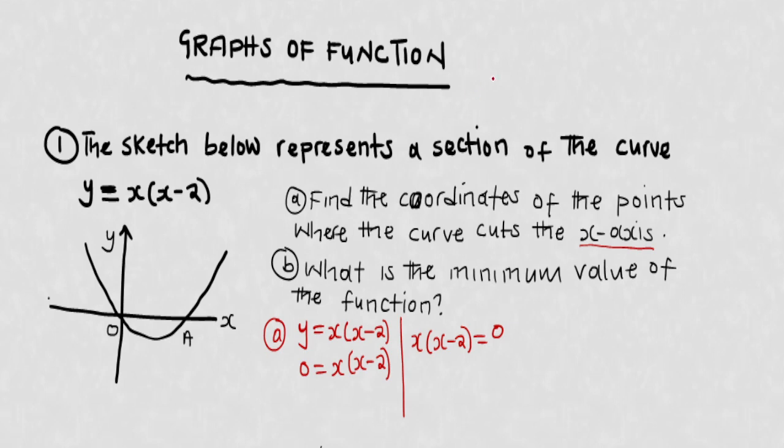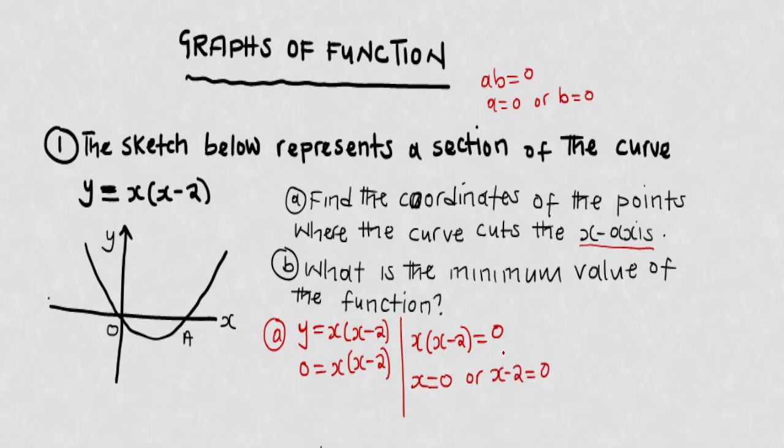Here we're looking at a situation where AB = 0. If AB = 0, this simply means A = 0 or B = 0, even though these two are multiplying. So this simply means x = 0 or x - 2 = 0.